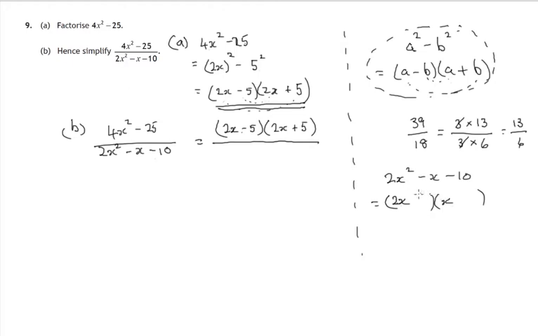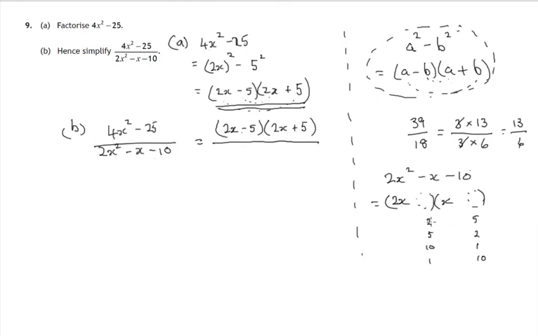And then let's look at the lasts, and we're supposed to get a 10. Now, there's a possibility of 2 times 5, or 5 times 2, or 10 times 1, or 1 times 10. All of these are possibilities. So how we work out which is the correct one, we look at the outsides and the insides to find out how we get this negative 1x.